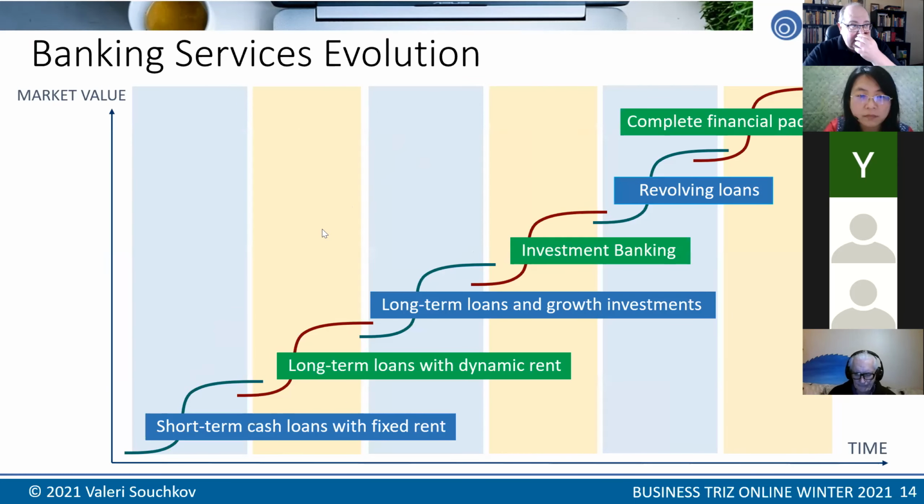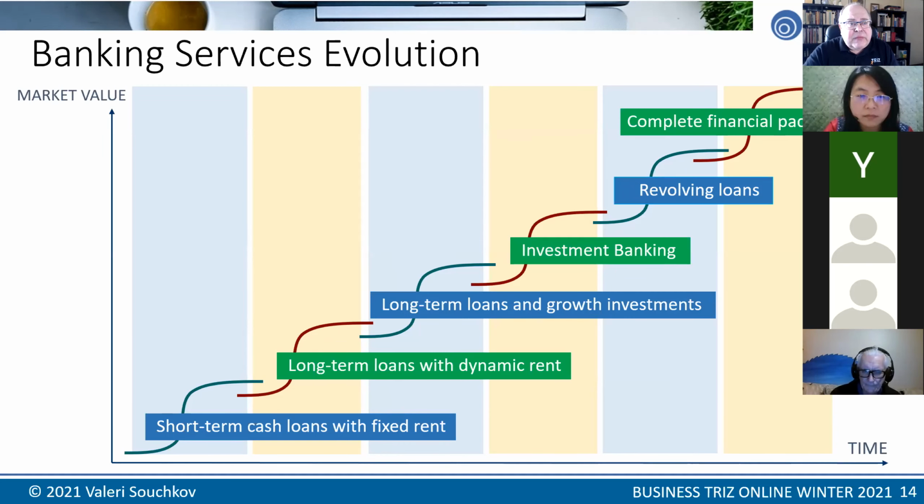Here, the new S-curves emerge during core services change, from short-term loans to long-term loans to growth investments to investment banking to revolving loans, which brought us credit cards, and to complete financial packages which banks offer to their customers and consumers today. Right.